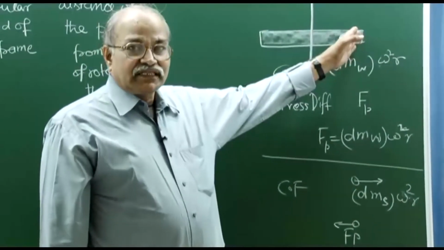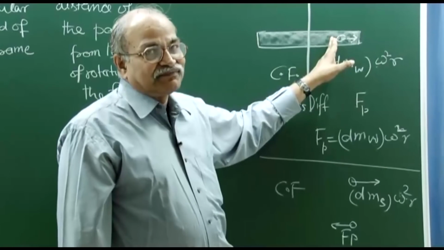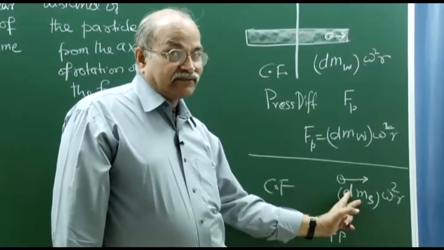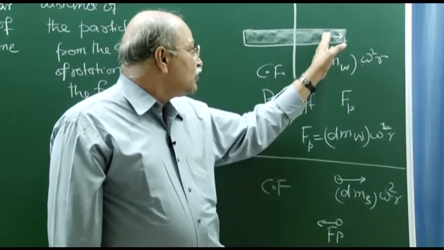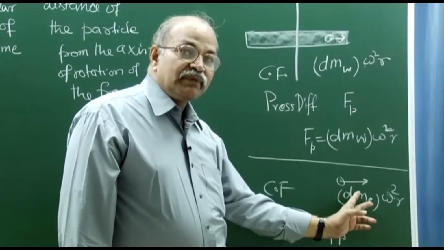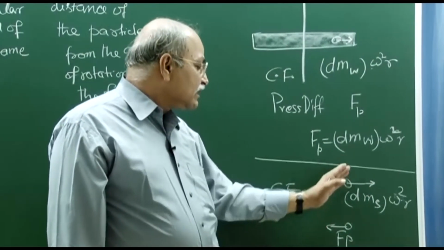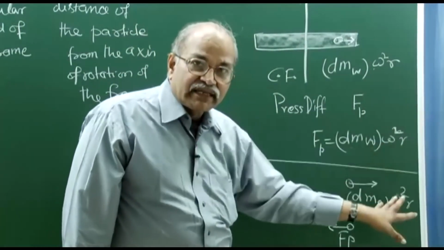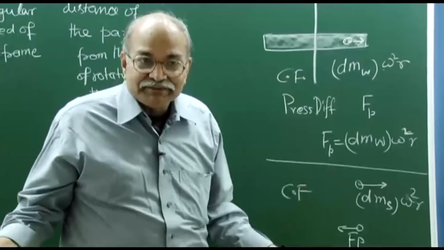Because it is a pressure difference, it is about how water is behaving here. What is the pressure here? What is the pressure here? So that remains the same. The centrifugal force has increased because stone is denser than water. So for the same volume and the same shape, dm of water will be smaller, dm of stone will be larger. So the centrifugal force is more than the pressure difference force. The resultant force as seen from this rotating frame is towards the right in this diagram, away from the axis of rotation, and hence the stone particles will go towards the end.